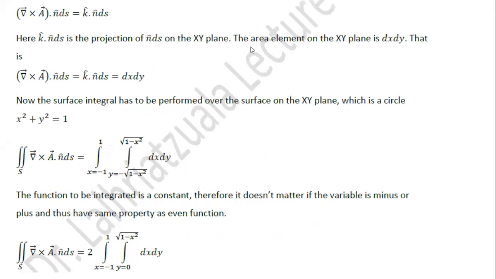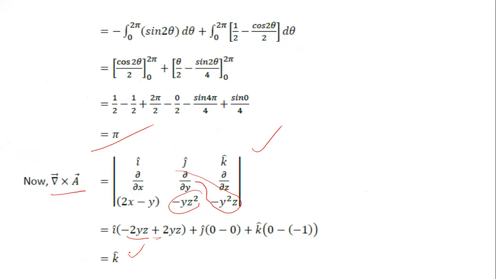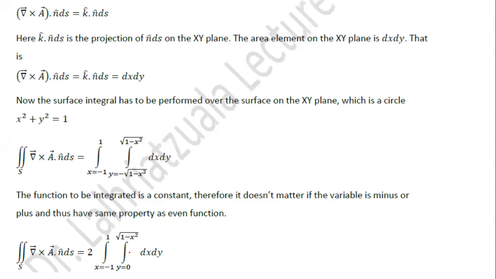And here this will be curl of A dot n cap ds, and you have calculated this curl of A as k cap, right? So here this will be k cap dot n cap ds. This will be simply a projection of the n ds vector on the xy plane.